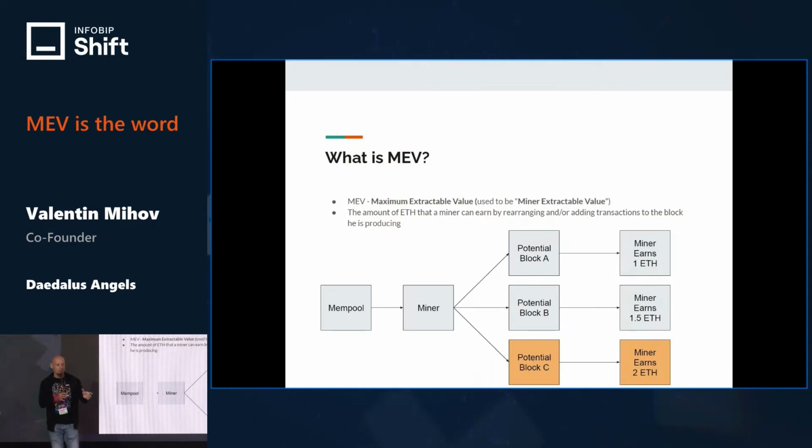Then you have the miner or the validator, depending on whether it's proof of work or proof of stake, and they take transactions out of this mempool when they build a block and include it in the blockchain. Depending on the transactions they take and the order in which they arrange them, they can get a different financial outcome.